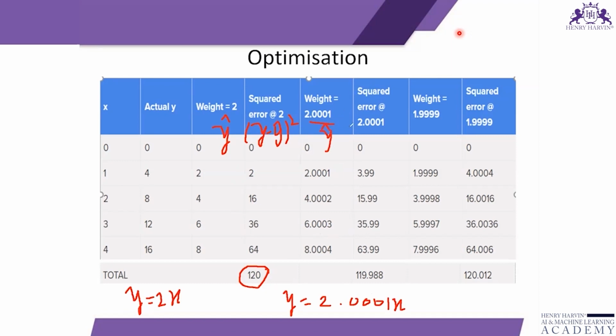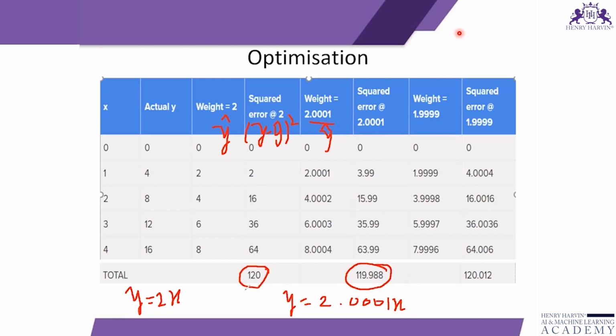Now the squared error is calculated for this: from the actual value and the predicted value, Y minus Y hat the whole square. So now we get the error as 119.988. From this, what we can understand is that the error is getting reduced, yes or no?